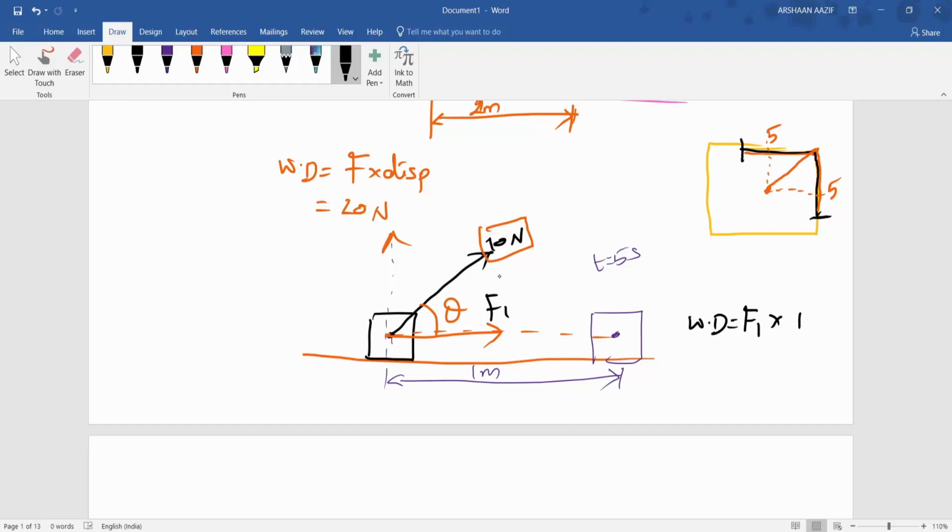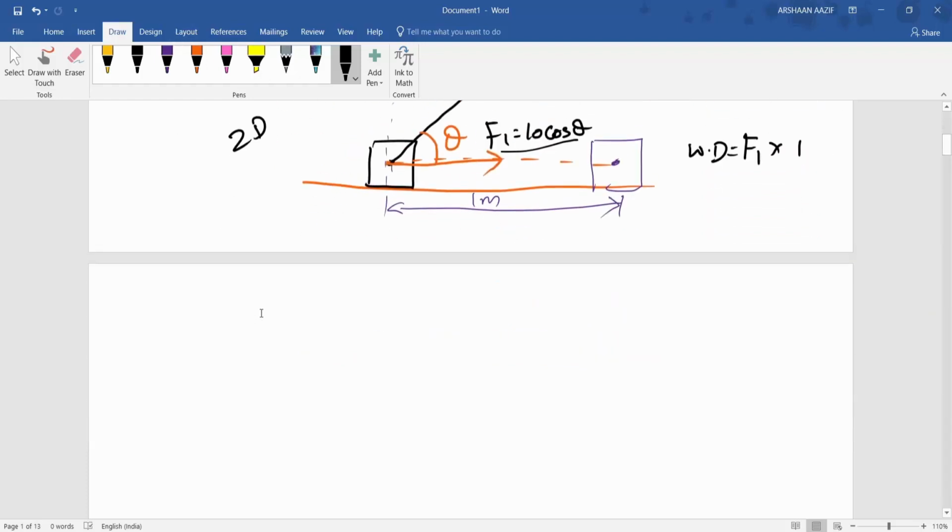So the value of force that is contributing to the displacement is reduced. Since this is theta, we could use this as 10 cos theta. I'm not going to take you deep into how we get cos theta, but this is the component along the x-axis. This is a two-dimensional case where we have converted the force in terms of the x-axis alone, which is where the displacement is taking place, and we find the work done.